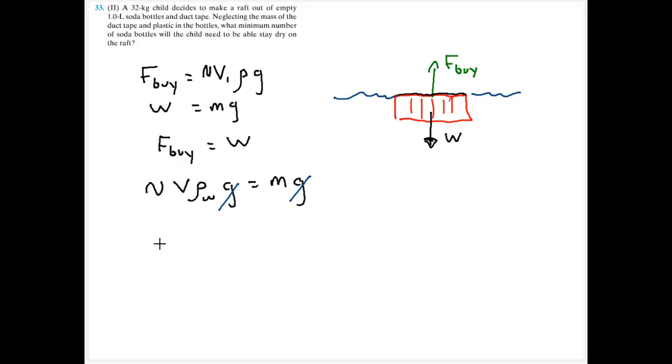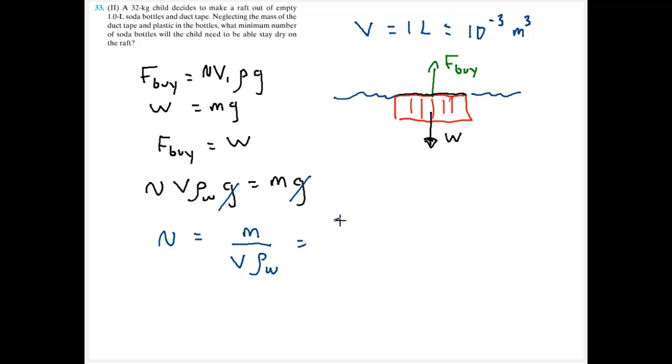I'm interested in this number n here, so n is going to be the mass of the child divided by the volume of one 1 liter bottle and the density of water. Now the volume is going to be 1 liter. This is the metric system, so we need to work this in cubic meters. That's going to be 10 to the negative third cubic meters.